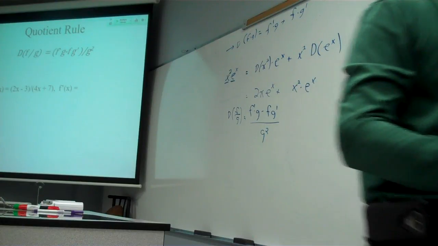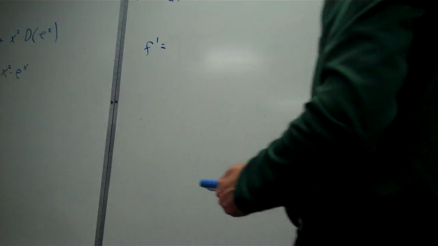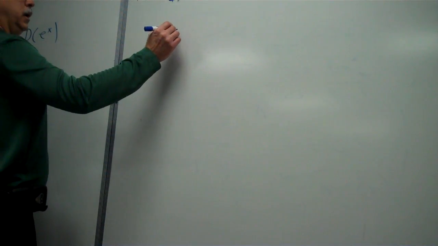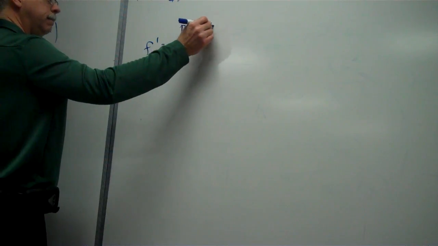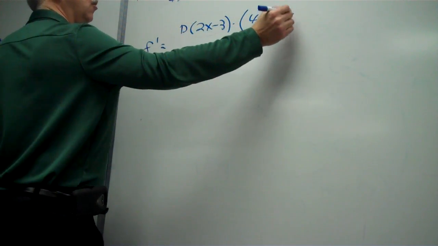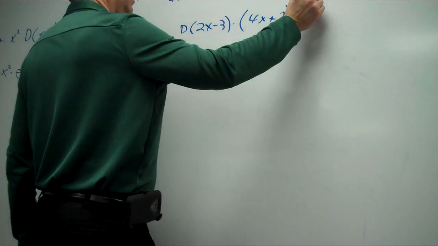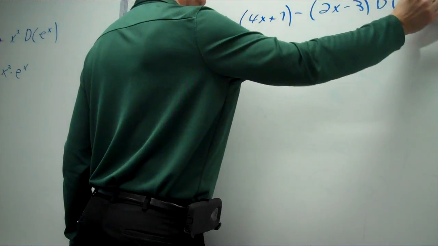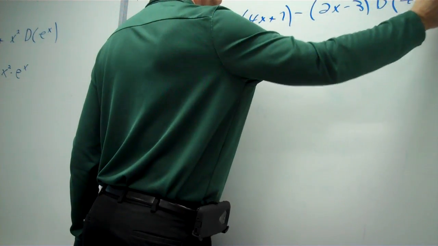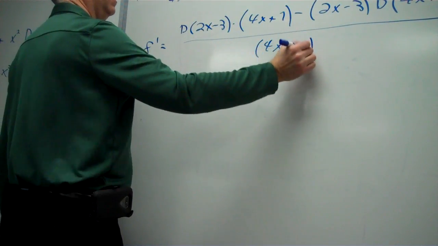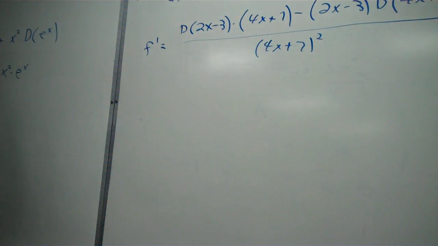Our derivative then, from the quotient rule, is the derivative of the numerator times the denominator, minus the numerator times the derivative of the denominator, over the denominator squared.